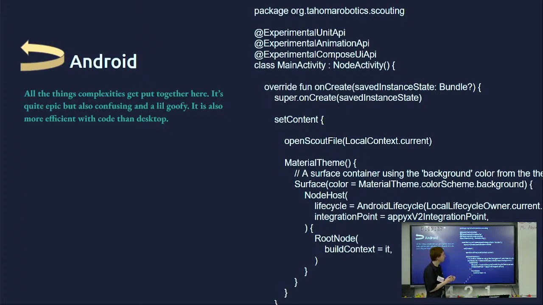Instead of having main and a whole bunch of technical jargon, this is how we do it, and this is generally how it is set up throughout using Compose. Pretty much you have to override onCreate, do a bunch of stuff, and set the content to be what you actually want it to be. Then you have to set the content to be the actual app.